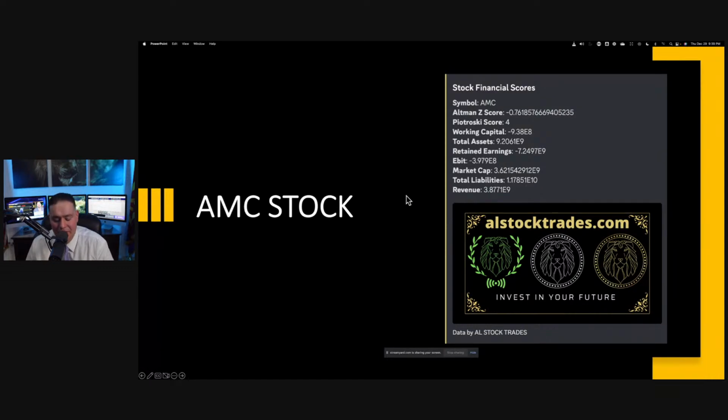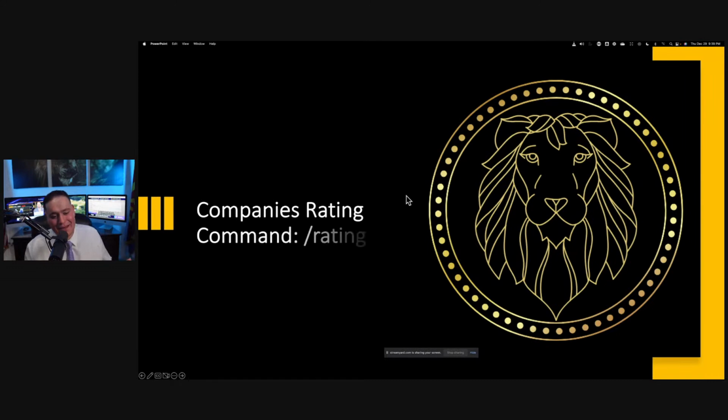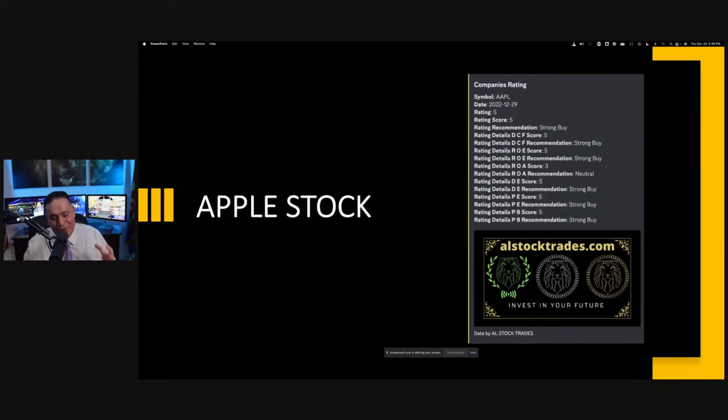So definitely scary. The next thing I want to talk about is company ratings. And the command to use this is /rating. And there's historic ratings too. Now, what is ratings? Well, beautifully put, if we look at Apple stock here, this is a scoring system which looks at the DCF score, the return on equity score, the return on asset score, the DE score, and the PE score, and the PE recommendation score, and the PB score, and the PB recommendation score.